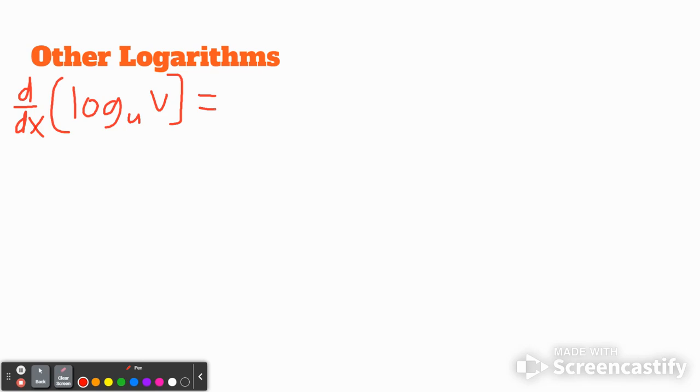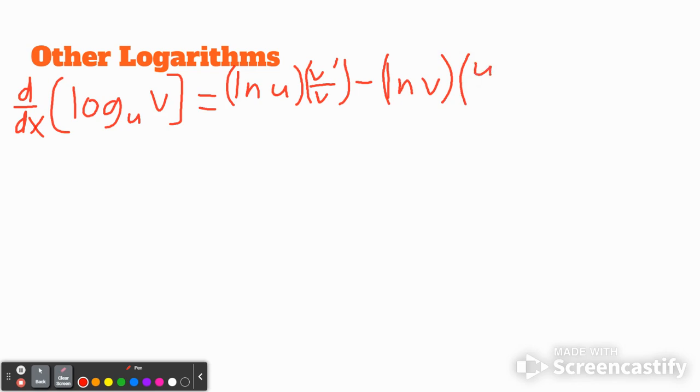This is equal to the natural log of u times v prime over v minus the natural log of v times u prime over u. And then all of this over the natural log of u squared.